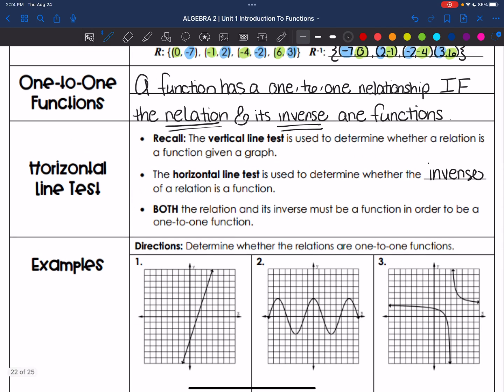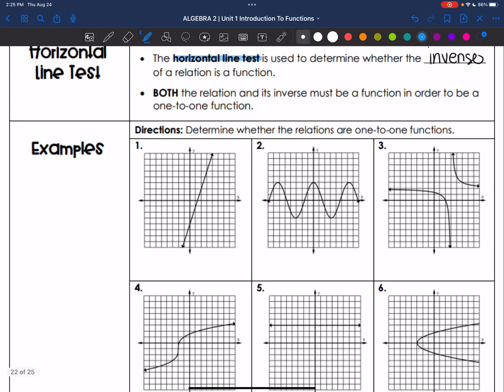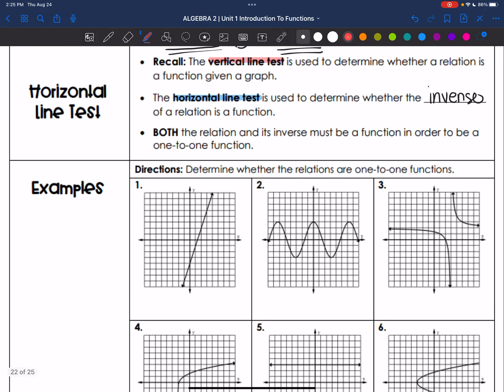I'm going to do my vertical line test in red, and we'll do our horizontal line test in, what color should we use? Let's do it in blue. Okay, so let's see. Are these going to be one-to-one functions?